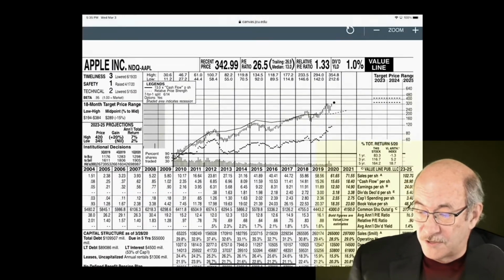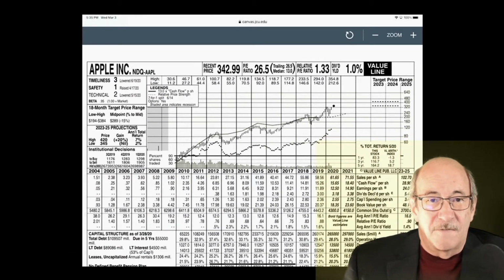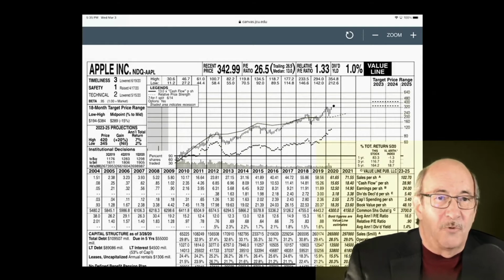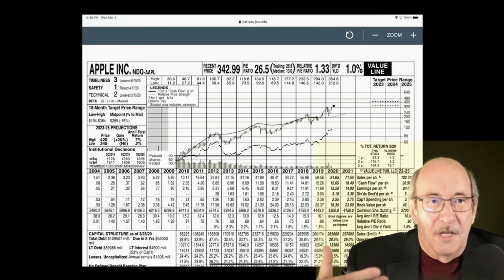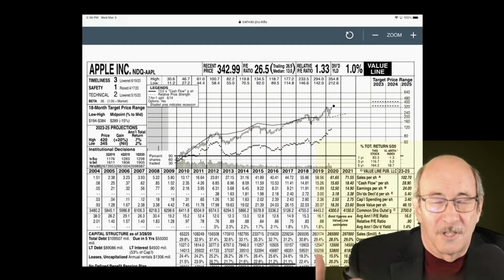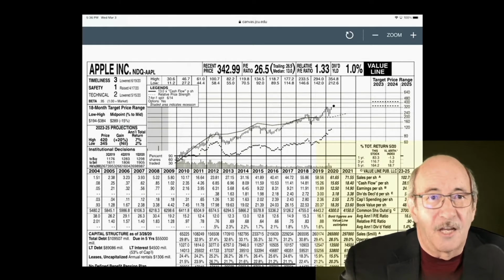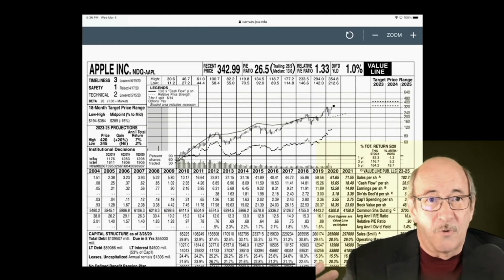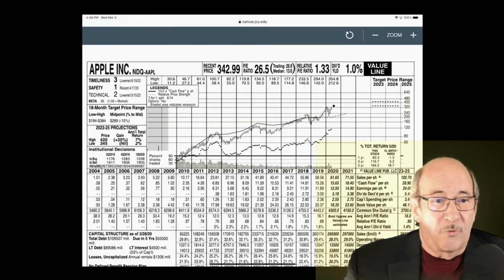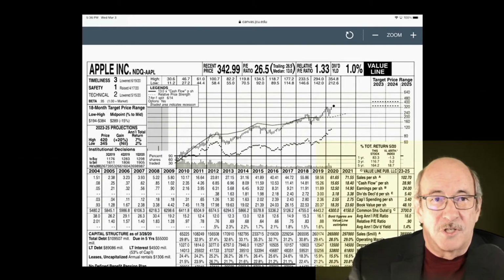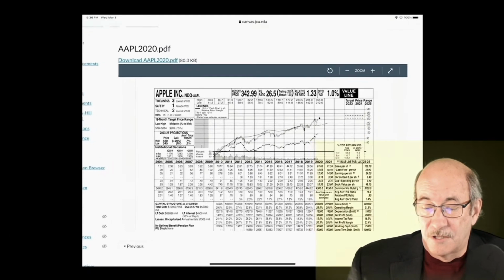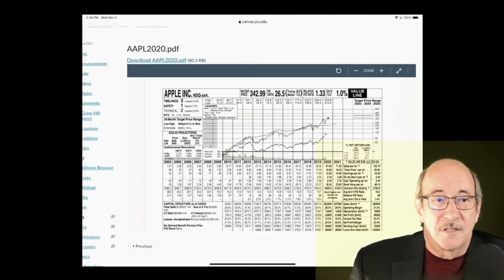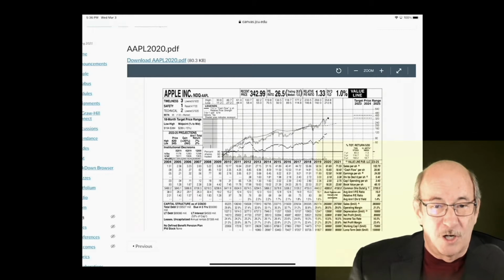What we'll use this for on the exam is a series of questions that will relate to what we did on Tuesday and started on Thursday of last week: figuring out the DDM, using some of the data off of here to get a PE relative valuation, calculating a sustainable growth rate, that kind of stuff. So I would use that to guide you in terms of what sort of questions you might see that relate to this Apple Value Line page. Okay, thank you. Sure, good question.